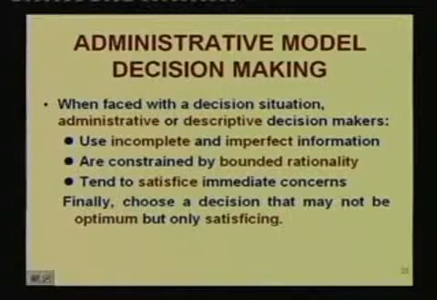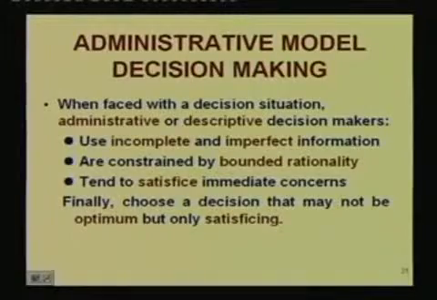So here the basic idea is that the administrative model of the decision maker, the so-called descriptive decision maker, would like to see what has happened in the past. Alright, so that means what are the decision rules that were in use.